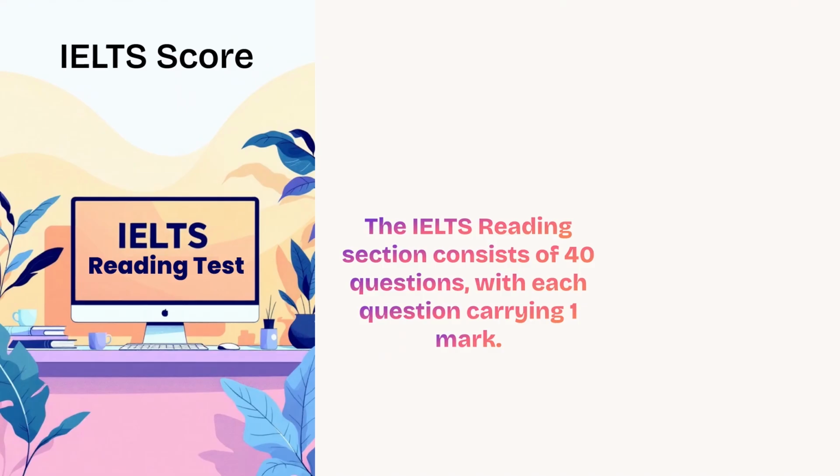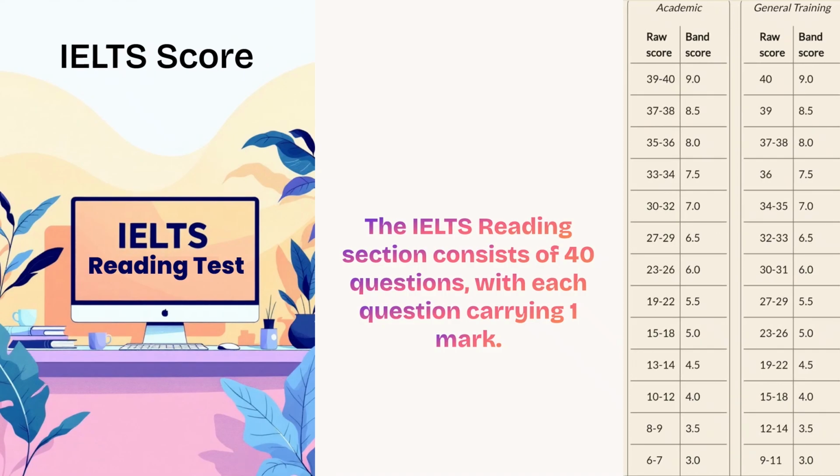The IELTS reading section consists of 40 questions with each question carrying 1 mark. The raw score out of 40 is then converted into a band score ranging from 0 to 9. The exact conversion may vary slightly between academic and general training versions.